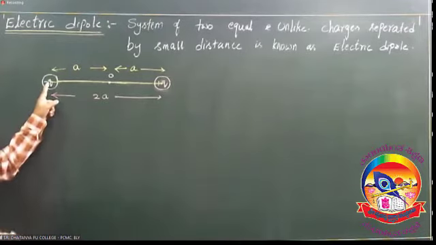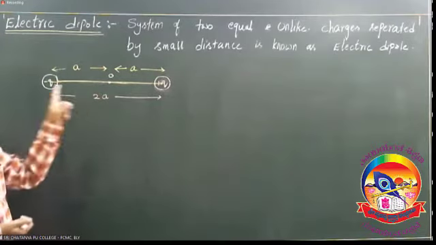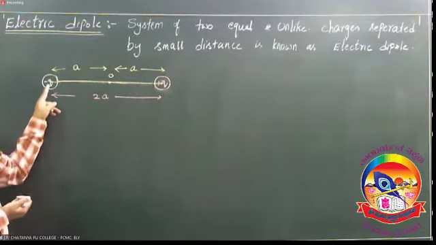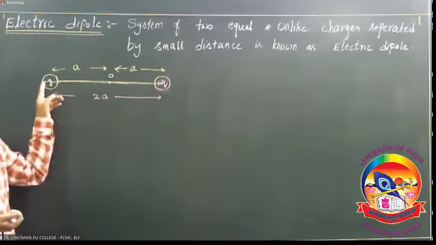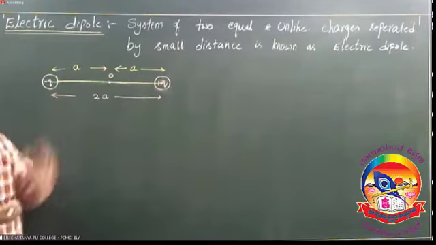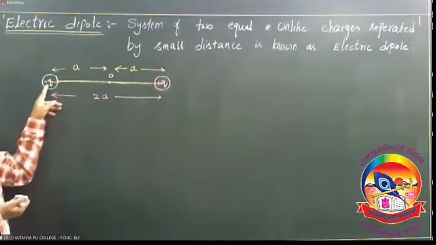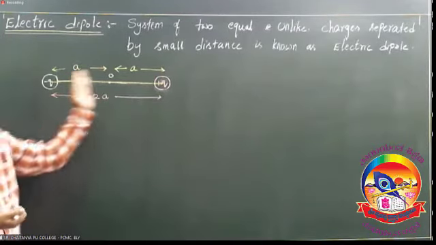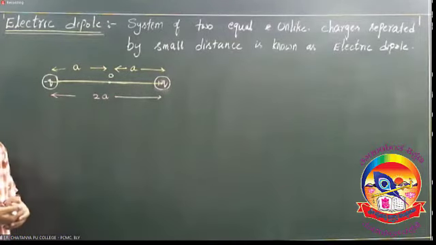It is a two charge system. Both charges are equal in magnitude, Q and Q, and unlike, meaning polarities are different. This is negative and this is positive. So unlike charges, separated by certain distance. This is called an electric dipole, right?